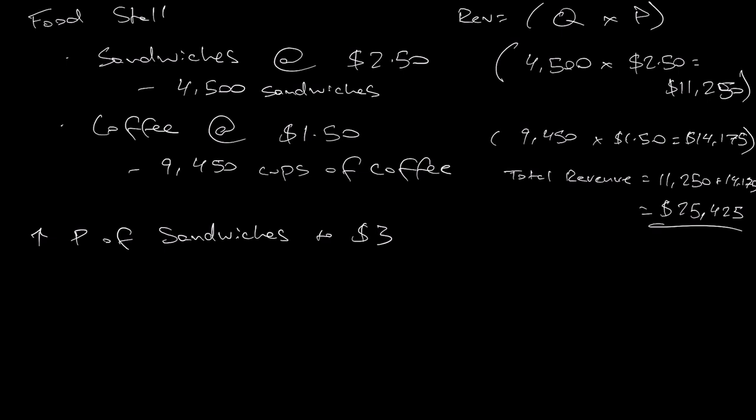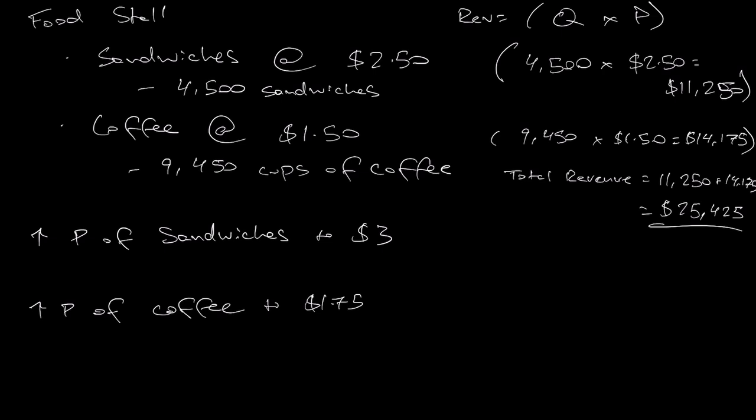Now, we also would like to increase the price of coffee. Inflation is hitting this company just like it is all other businesses. So we're looking to increase the price of coffee to $1.75 per cup.